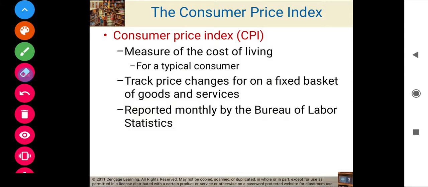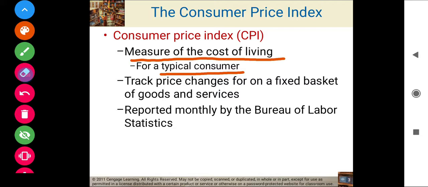Basically, the consumer price index or CPI measures the cost of living for a typical consumer. The cost of living refers to the overall cost of goods and services that are bought by a typical consumer.